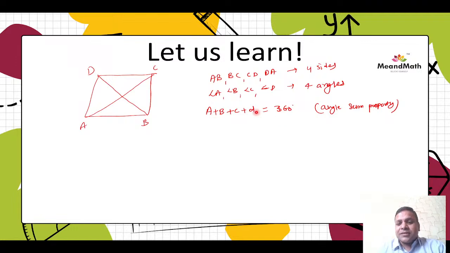But 180 degrees is for a triangle. So the angle sum property in a quadrilateral is 360 degrees, while in a triangle it is 180 degrees. The sum of all 4 interior angles in a quadrilateral is always 360 degrees.